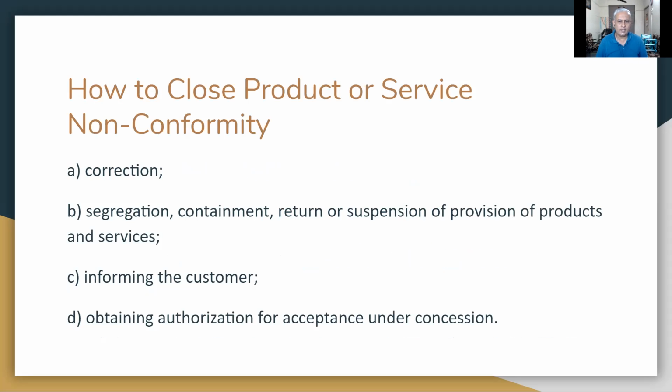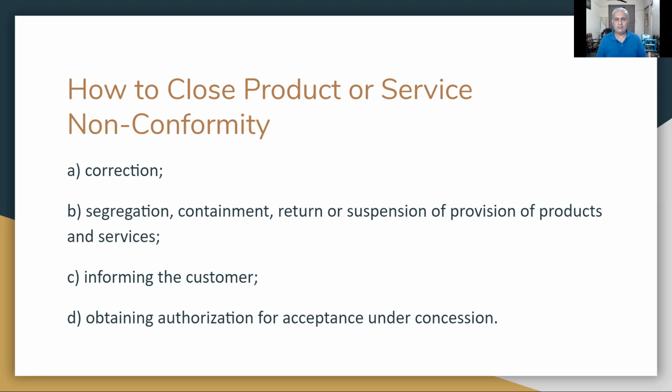So in this case, what to do? Let us go ahead. How to close a non-conformity which is a product non-conformity. And in the second example, we will also talk about how to close a service non-conformity. The first action which you can take on a non-conforming product is, can that be corrected? It is like reworking, redoing on the product, right?